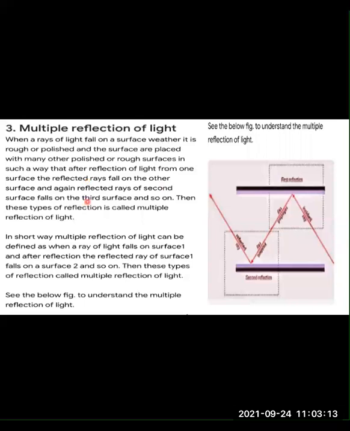And you can see the reflection takes place on the third surface also, and so on. So you can see a single ray of light undergoes reflection a multiple number of times. Such a reflection is called a multiple reflection.